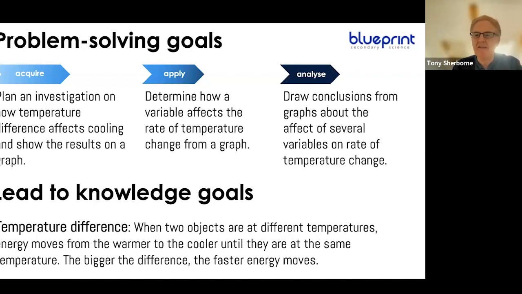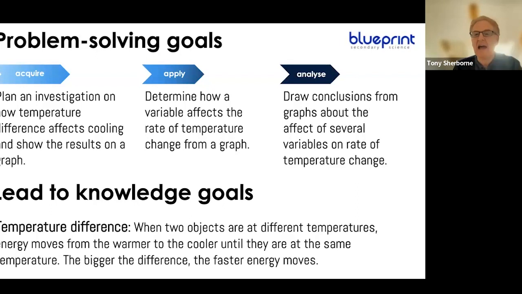So in the acquire stage, there's the first problem of trying to help the teacher plan an investigation to test the effect of a variable. And in the apply stage, we then are going to want them to use this in situations where variables affect the rate of temperature change when they see graphs.